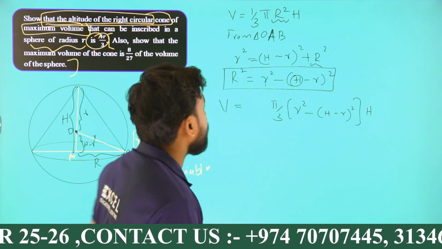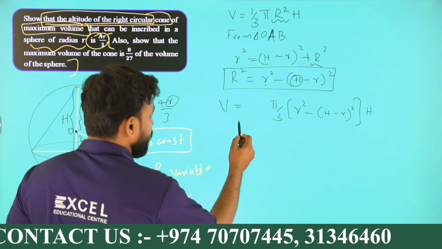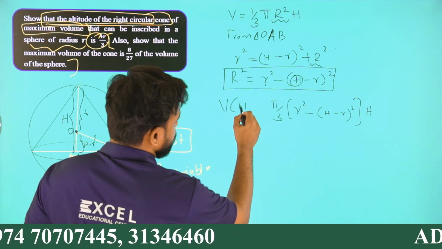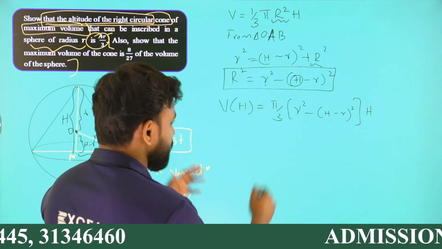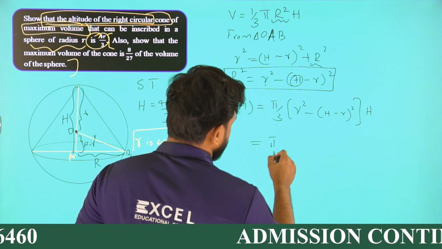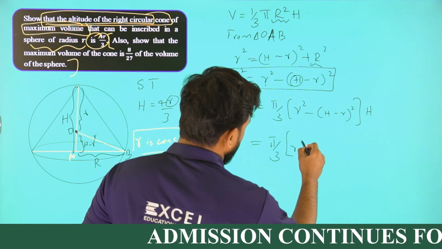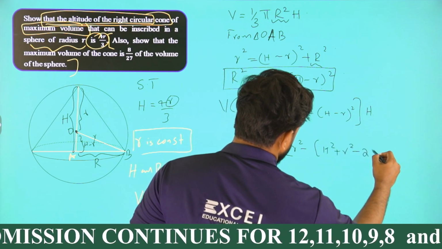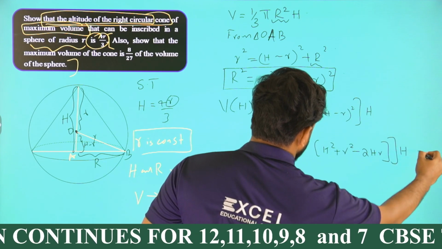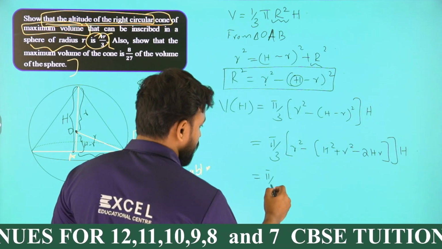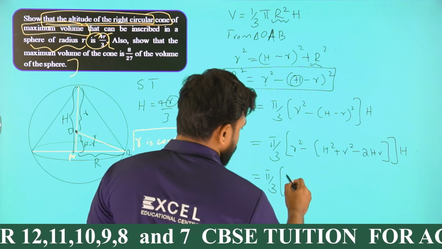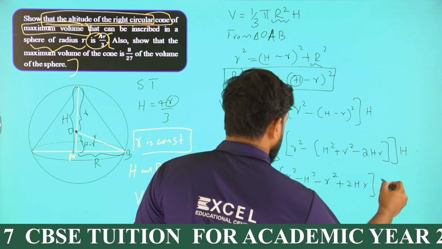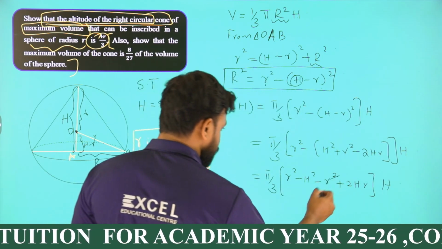Now only one variable here, so we can call this function V of H. This function is in terms of H. Just simplify it: you will get pi by 3 into r square minus H square plus r square minus 2Hr, into H. While opening the bracket, r square minus H square minus r square plus 2Hr, into H. The r square is gone.